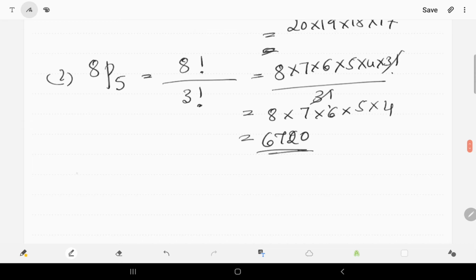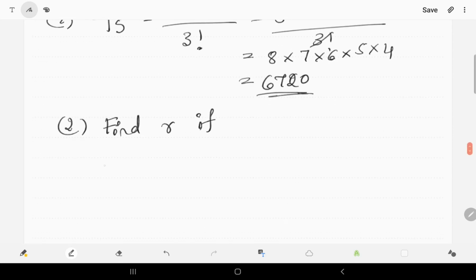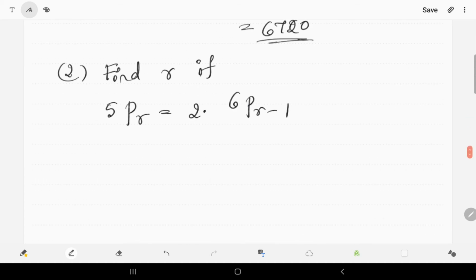Next, second type: find r if 5Pr is equal to 2 into 6P(r minus 1). 5Pr can be written as 5 factorial divided by (5 minus r) factorial.